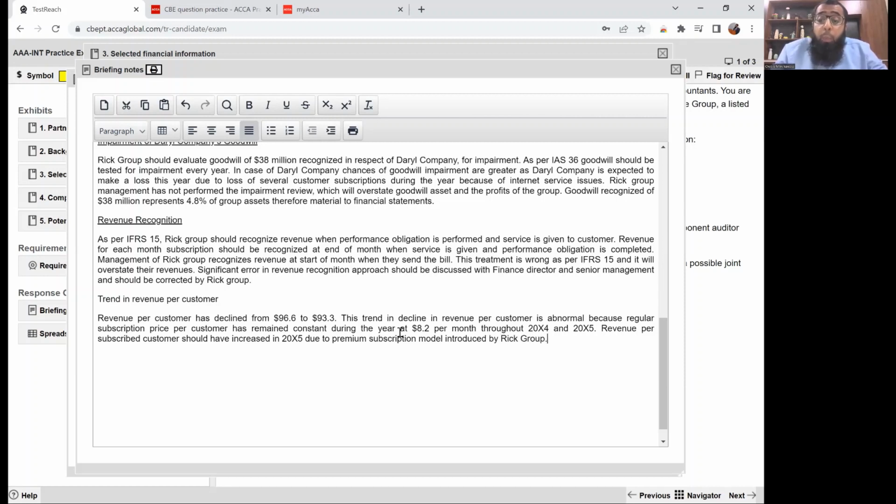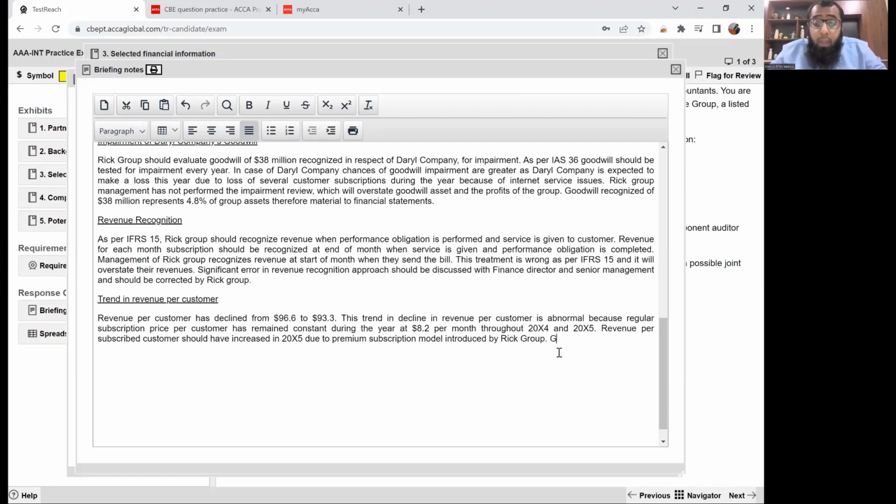Okay, we have introduced the concept of premium subscription, where every customer has to pay an extra $5 and get a subscription for their family. So the per subscription revenue should have increased. Revenue per customer should have increased in 20x5 due to the premium subscription model introduced by RIG Group.